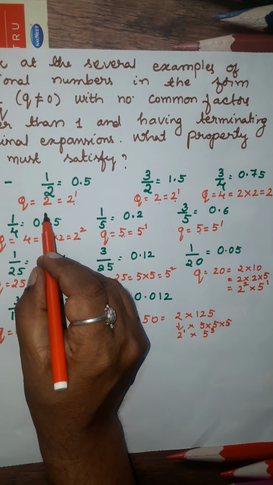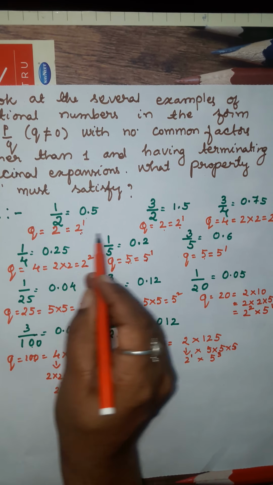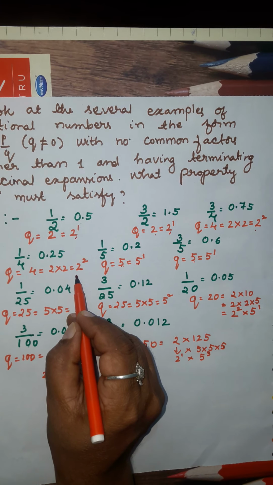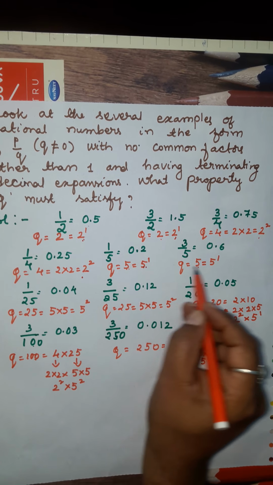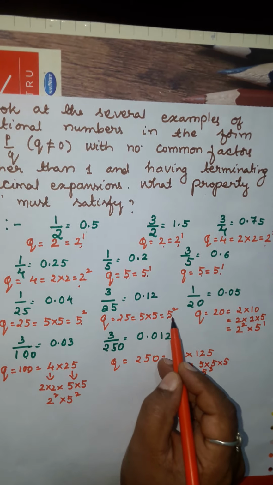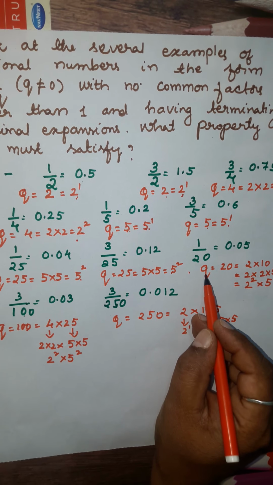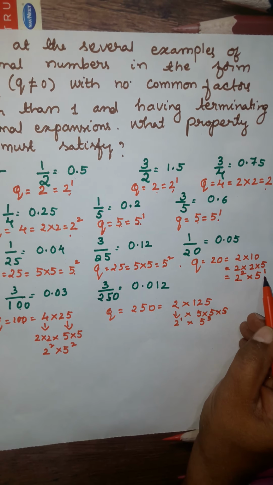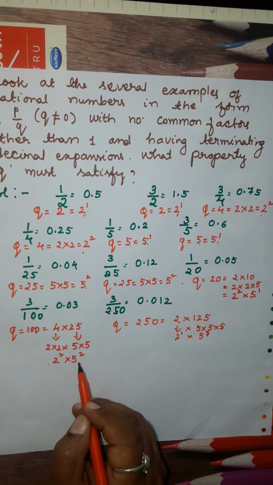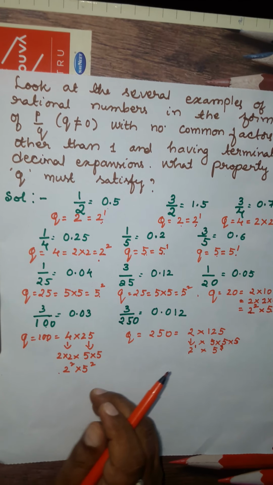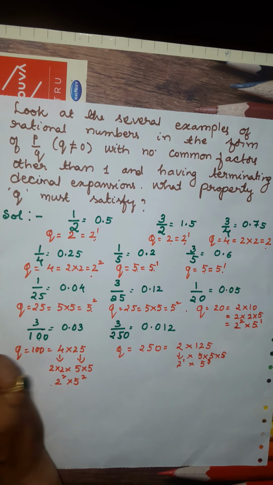The prime factorization of q must have powers of 2, or the prime factorization of q must have powers of 5, or the prime factorization of q must have both the powers of 2 and 5. So finally we can write what property q must satisfy.